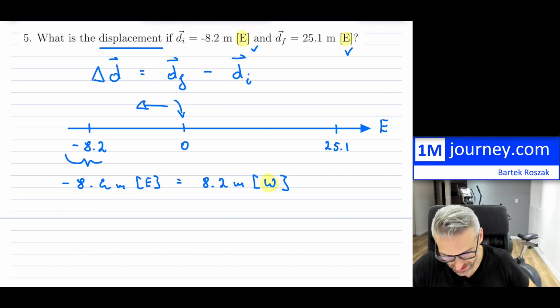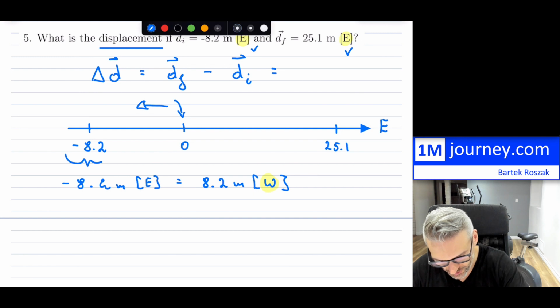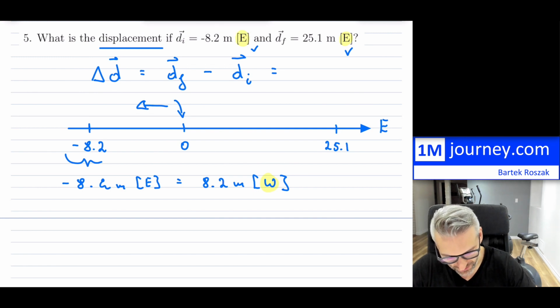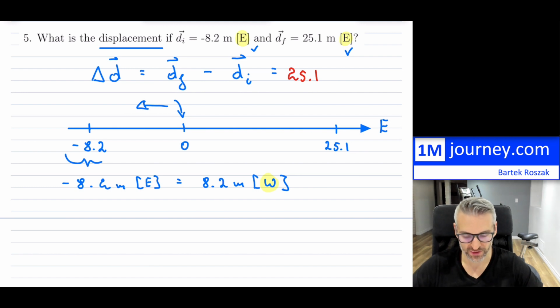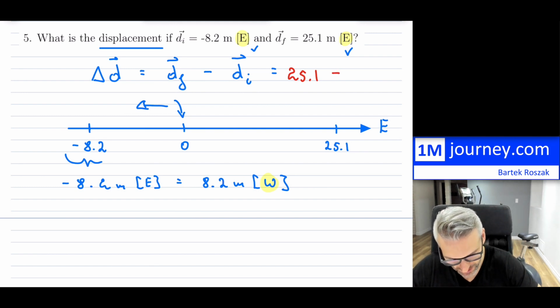So if I'm going to be substituting this in here, my final one is 25.1, all in meters, all east, so this is all great. And this is minus, and now I have to be careful. This is subtraction, and this is going to be negative 8.2. So this and this cancel up to a positive 8.2.